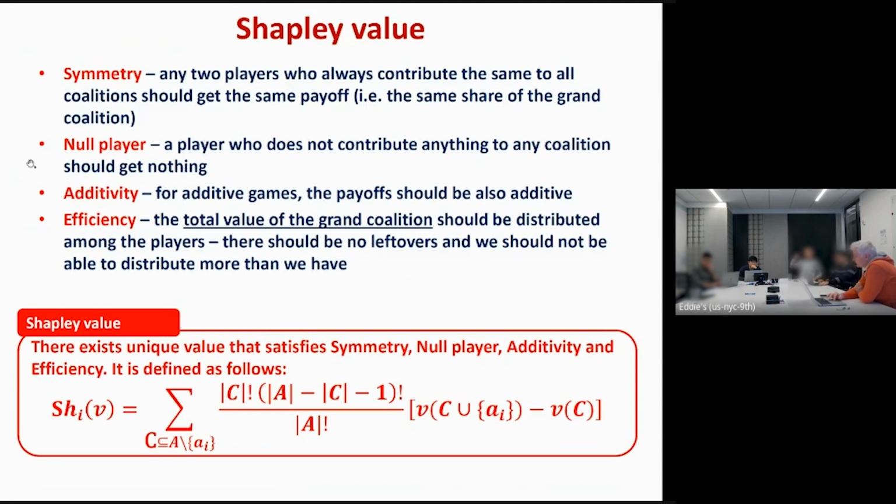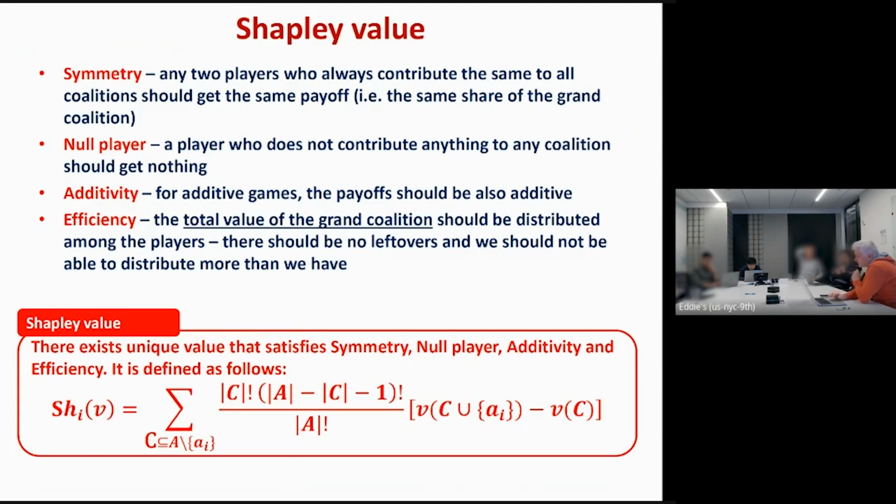Additivity. If you add two games, two payoff functions over the same set of players, which are very different, then the Shapley value of the sum of these two games should add as well.